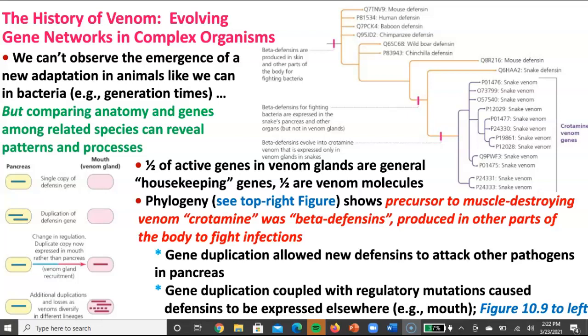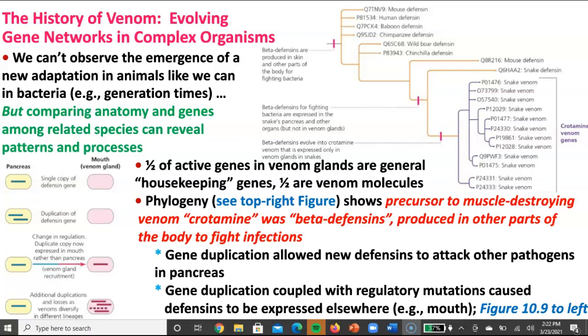Now, gene duplication, coupled with other mutations in regulatory genes, caused some of these defensins to be expressed elsewhere. Because remember, the genes are found in all the cells of the body, but now mutations have happened such that these defensins are being expressed, for example, in the mouth, in the venom.